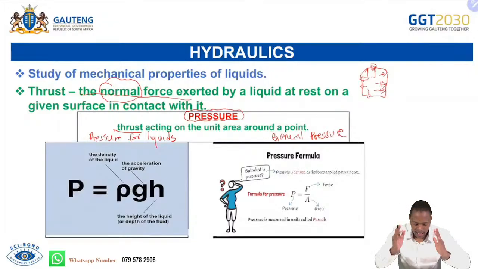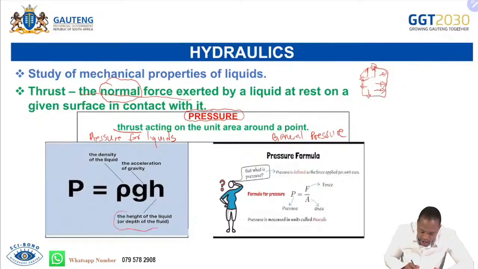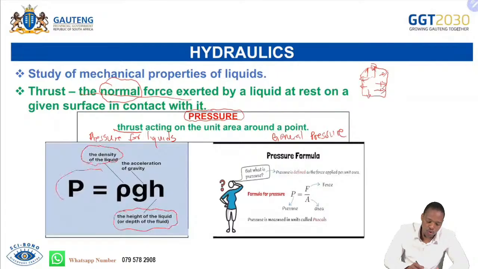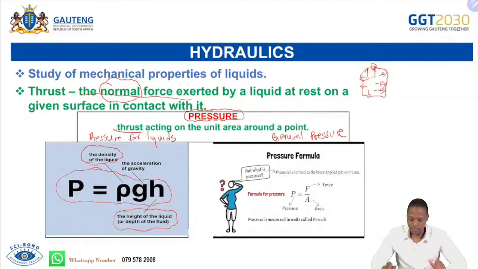So that tells us the pressure of a liquid depends on the height, or the depth of that liquid, okay? How deep is it? And it also depends on the density of the liquid. You don't have to worry about densities, because the density of each liquid that you could be asked about will be given to you. What is important is that you are able to use this formula to calculate. One of the easiest formulas to use.